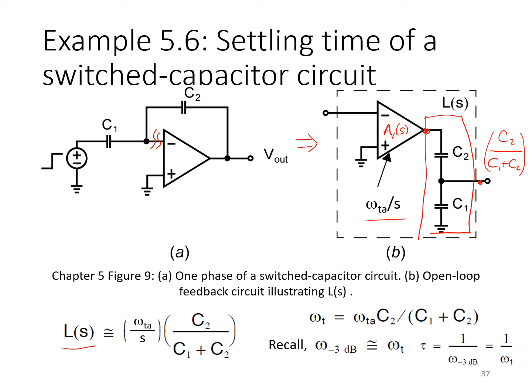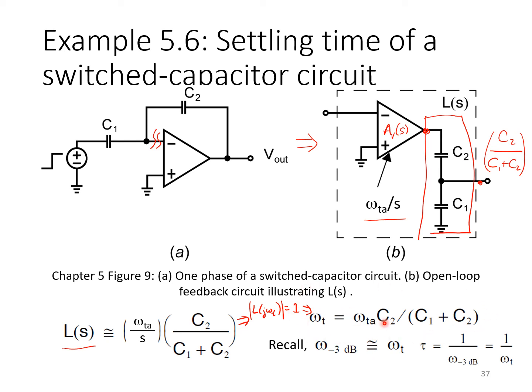Now we can easily solve for the frequency, substituting in s equals j omega here, and solving for the frequency omega t at which the magnitude of L is equal to unity, resulting in this expression shown here.